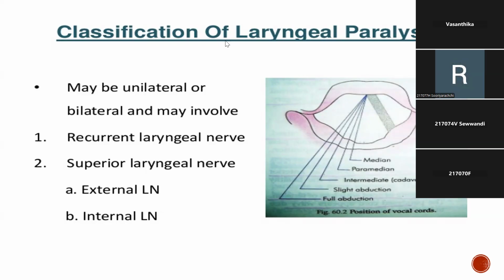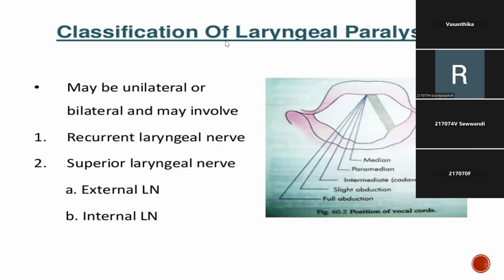The external branch of the superior laryngeal nerve supplies the cricothyroid muscle, which is the tensor of the vocal cords. If you get external branch damage, you will get voice reduction, specifically of high frequency, because you can't tense the vocal cords.